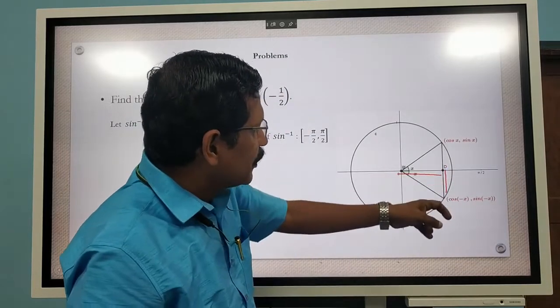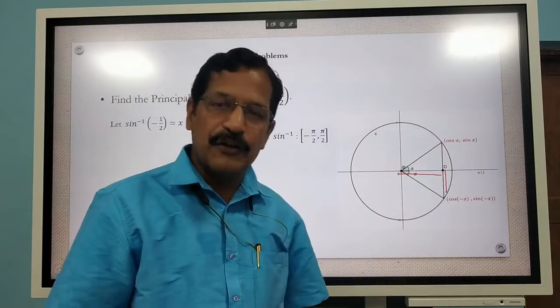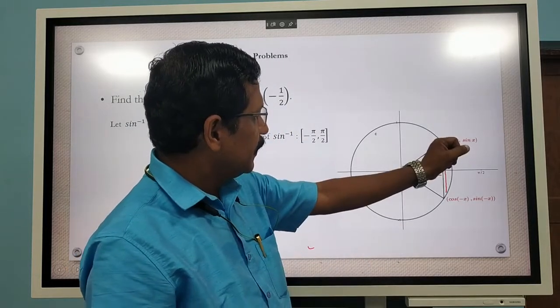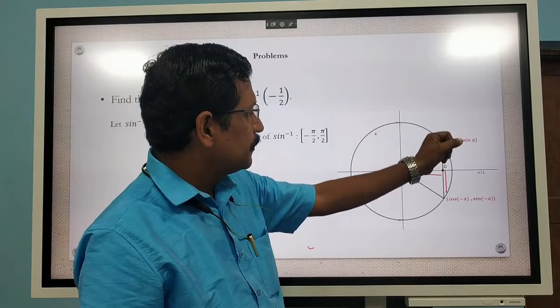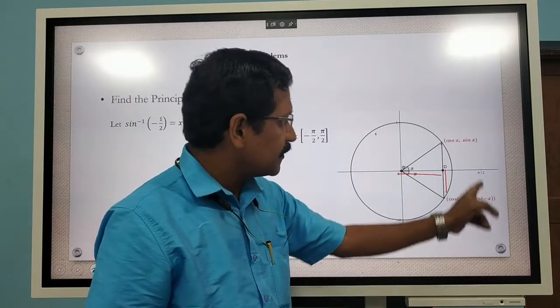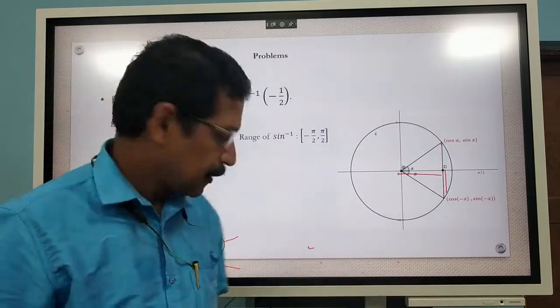So this is in the negative direction of the y-axis, so it is negative. Sine of minus x is actually the negative of this line segment, this length. It means that sine of minus x is minus sine x. We have taken that information here.